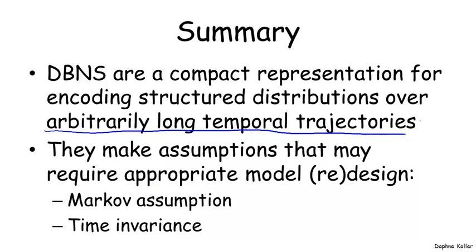But these assumptions that we made, the Markovian assumption and the time invariance assumption, are not immediately correct and might require that we redesign the model so as to make these assumptions a better approximation to the true underlying distribution by, for example, adding variables, as we showed.